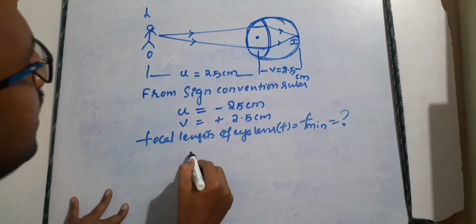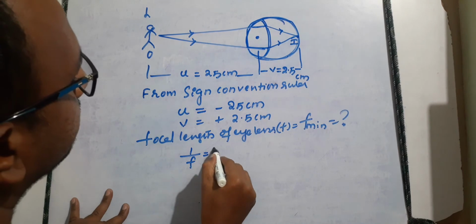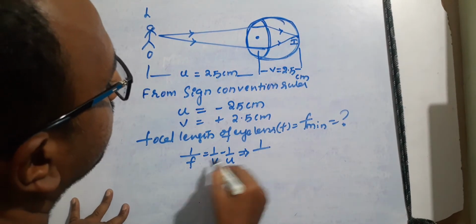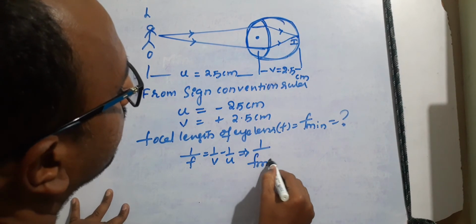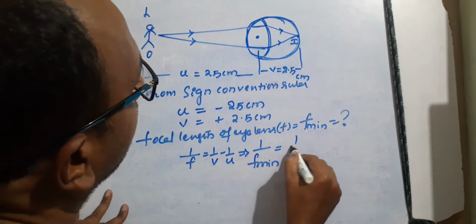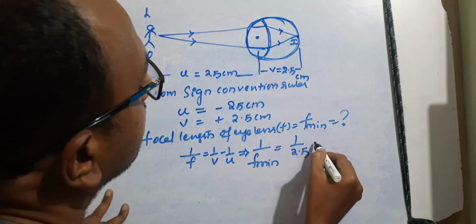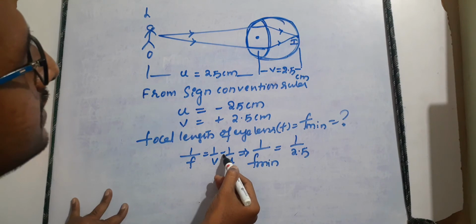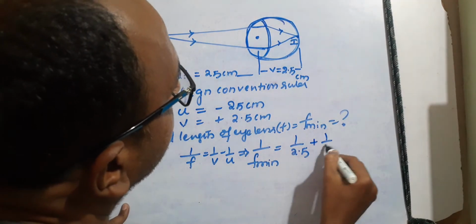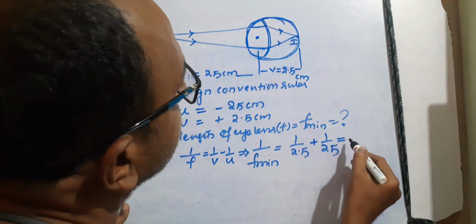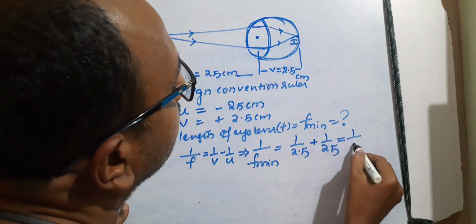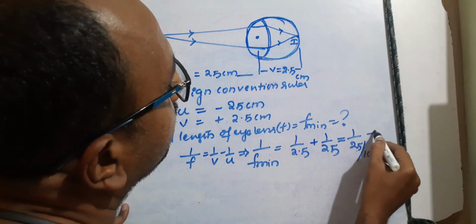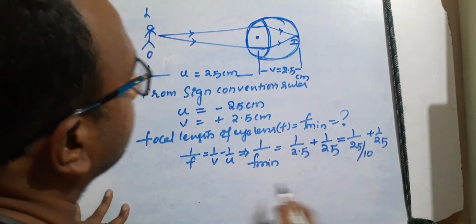From the lens formula we have 1 by f equals 1 by v minus 1 by u. Here f is f minimum, which we want to calculate. So 1 by f minimum equals 1 by 2.5 minus, u value is a minus, so minus minus plus 1 by 25. This equals 1 by 2.5, and 2.5 is written as 25 by 10, plus 1 by 25.